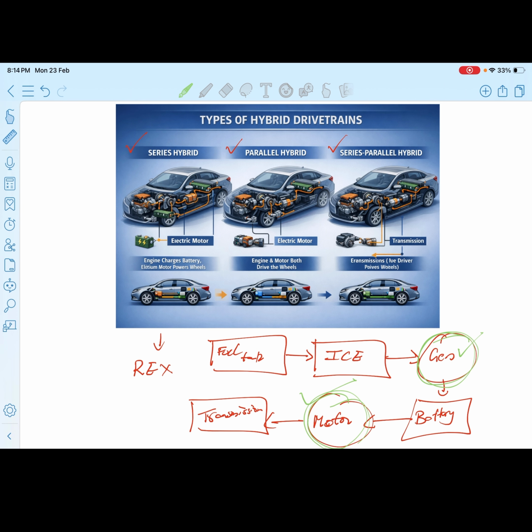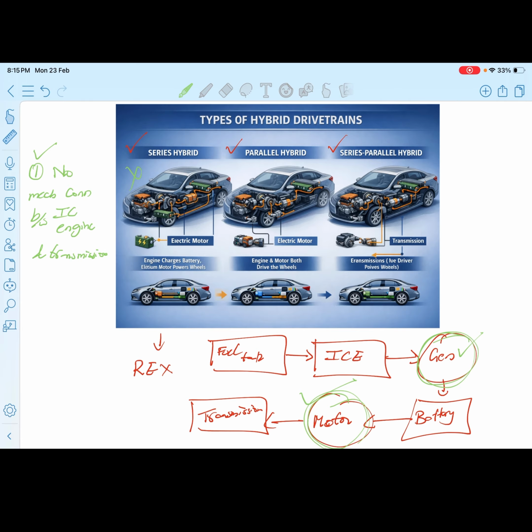Usually series vehicles have a larger battery pack. If you have some space constraint in your vehicle and you don't want to go for a larger battery pack, then series is probably not the right option for you. Another important thing to note is that there's no mechanical connection between your IC engine and transmission.